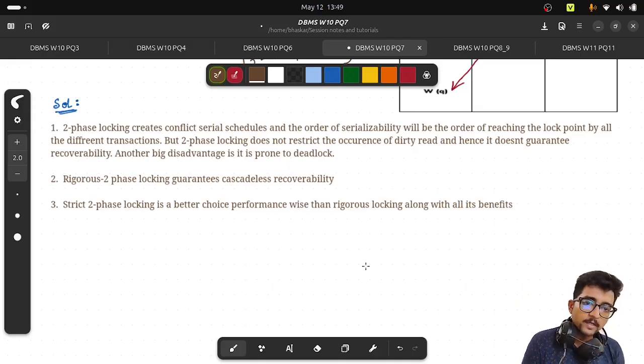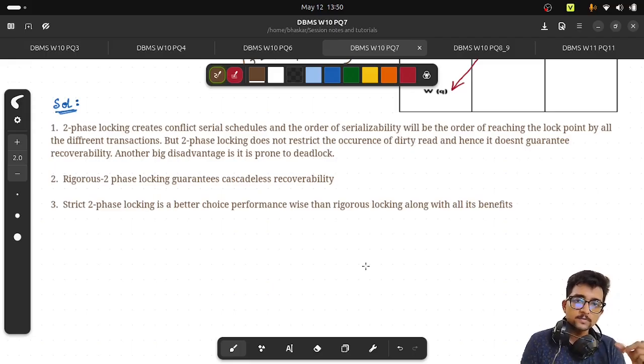When you start releasing the lock, two-phase locking prohibits you from gaining a lock on another data item once you have started unlocking even one data item. So basically two-phase locking separates the transaction into two phases, and that's why it is called two-phase.